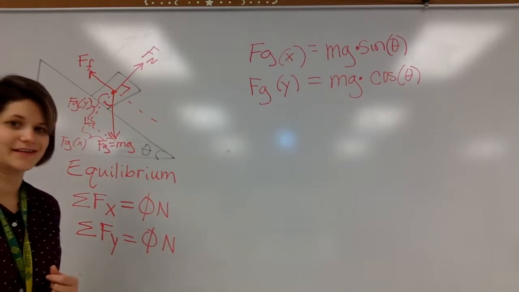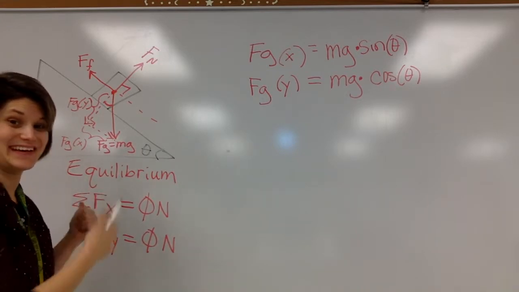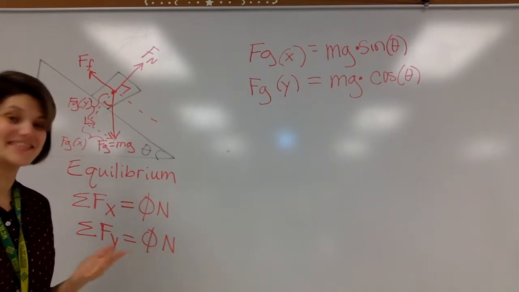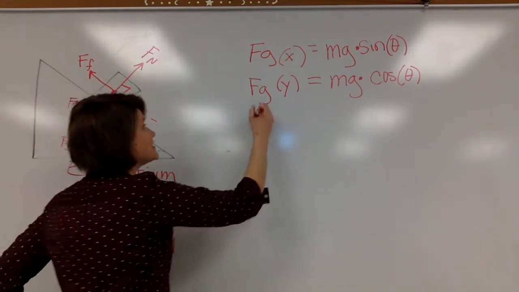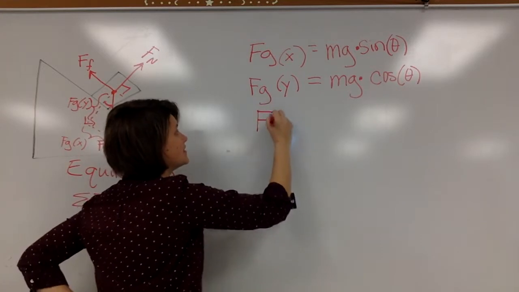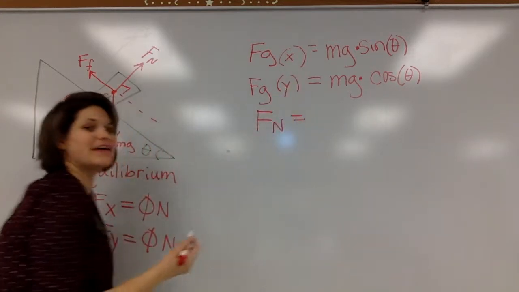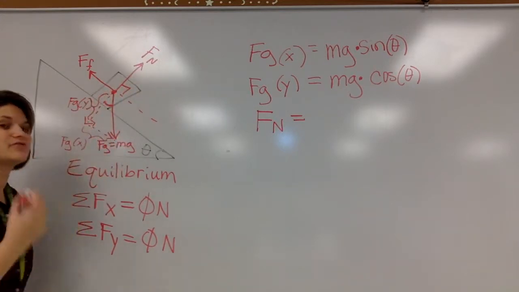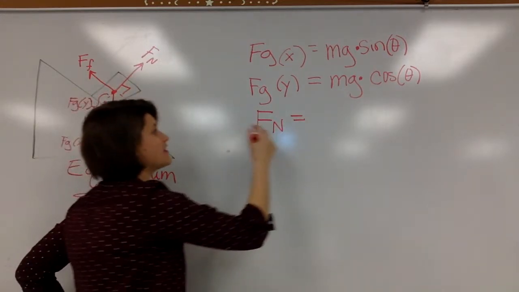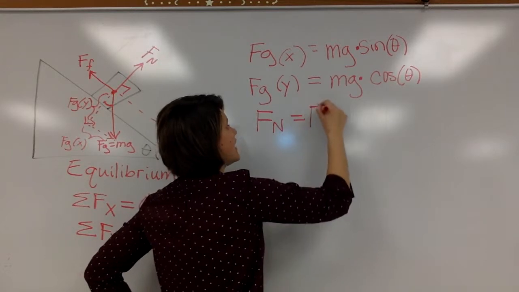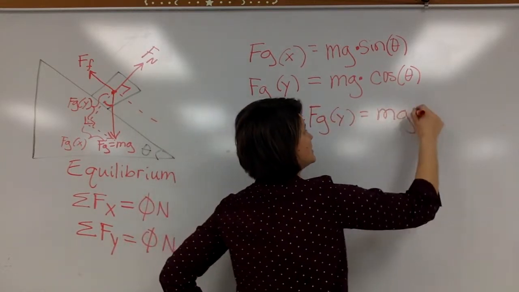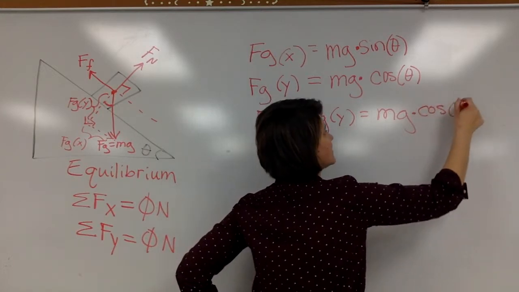So basically, we already got those equations. We're good to go. So that means normal force is equal to Fg in the y direction. These have to be equal and opposite if we're in equilibrium. So Fn is equal to Fgy, which is mg times cosine theta.